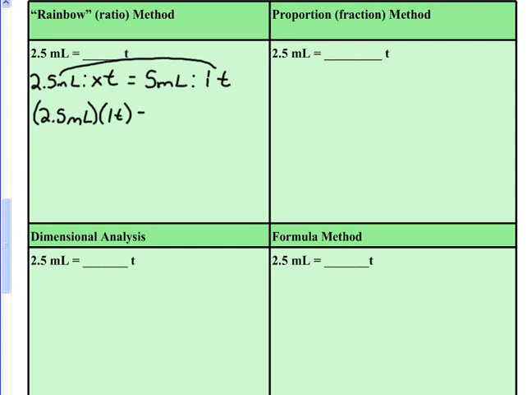We will then set this equal to x teaspoons times 5 milliliters. In order to get x by itself, we must divide by 5 milliliters on both sides of the equation.